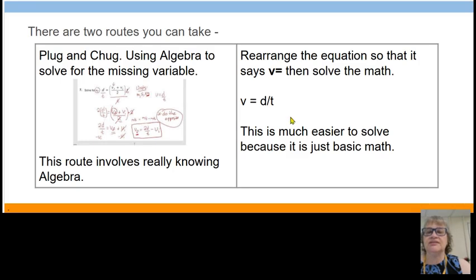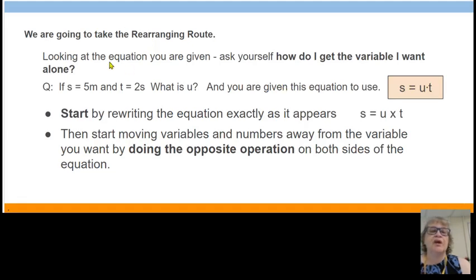So in this case, we're going to end up with v equals d divided by t. And yes, for some, this may be easy, but for everybody, this is definitely easiest. Okay, so looking at the equation that you're given, ask yourself, how do I get the variable I want alone?